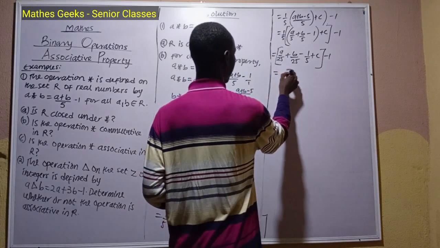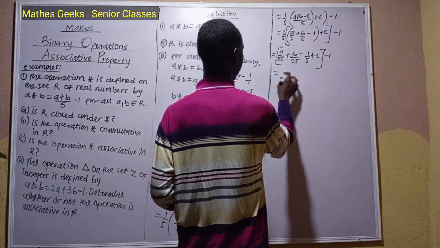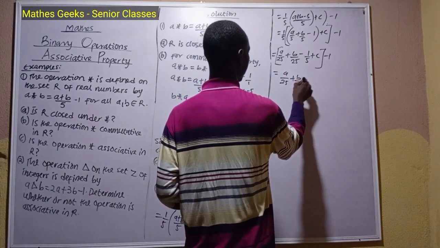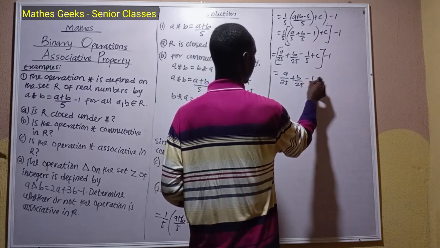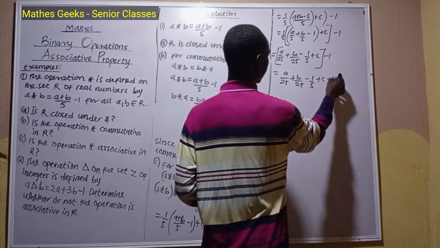So this will give us A over 25 plus B over 25 minus 1 over 5 plus C minus 1.